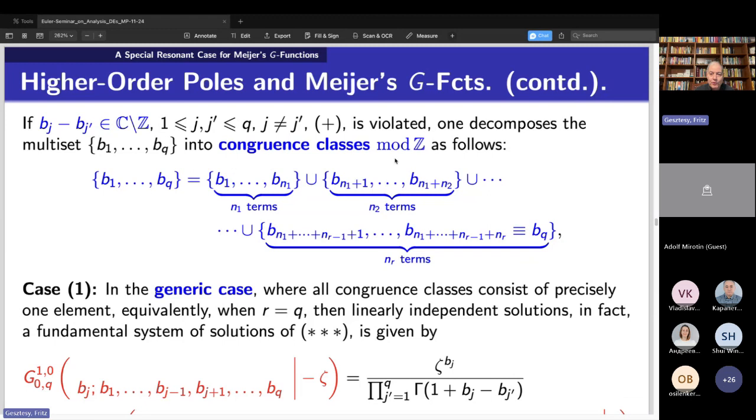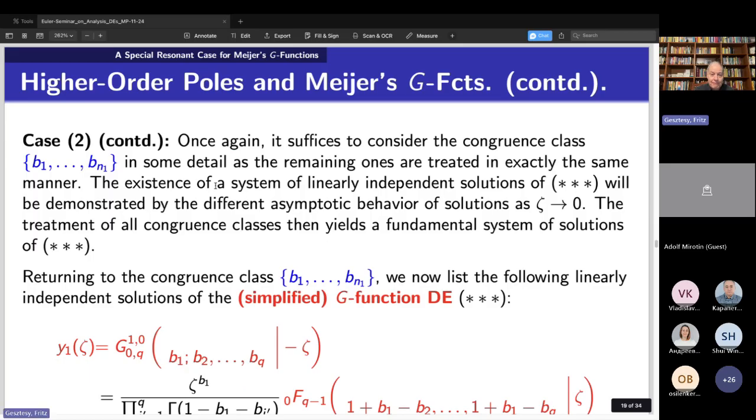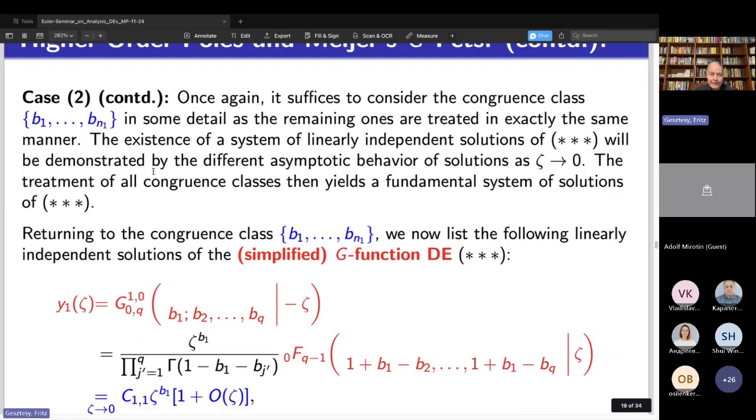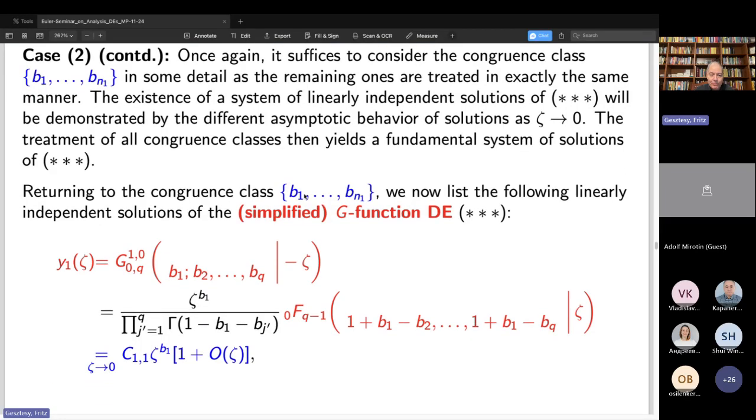The discussion of all of them is the same, so we may as well focus on just one of them. So this is what I'm doing here. So we are in the non-generic case. We look at one of these congruence classes, and one can then see that the simplified differential equation 3 star has the following linearly independent solutions.